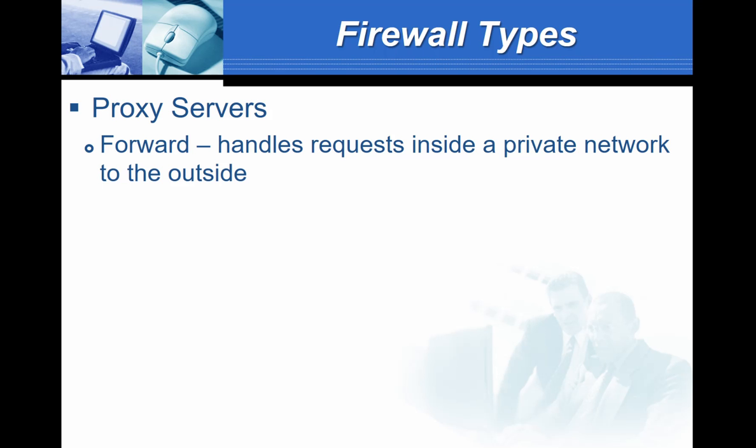The proxy server will then take those requests and use application layer filtering to decide whether or not the request should be allowed or blocked. Going through a proxy server is a very common way for people to try to avoid the firewall. So you have to be very, very careful of that.